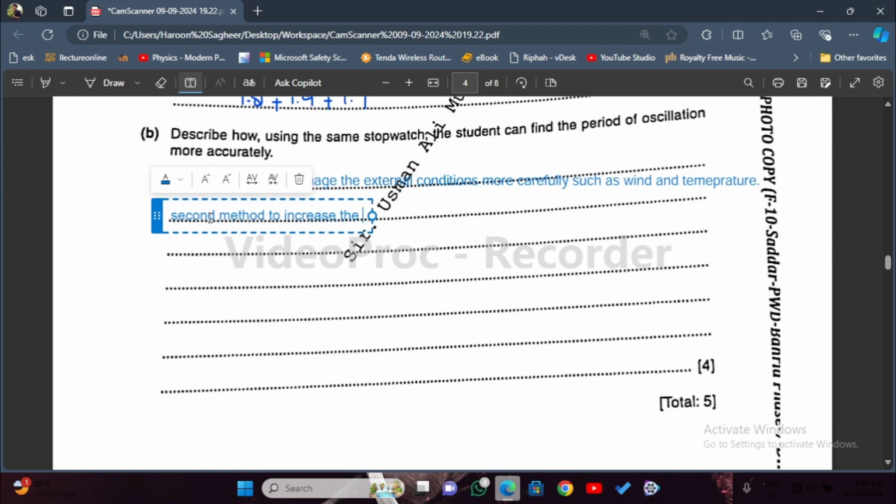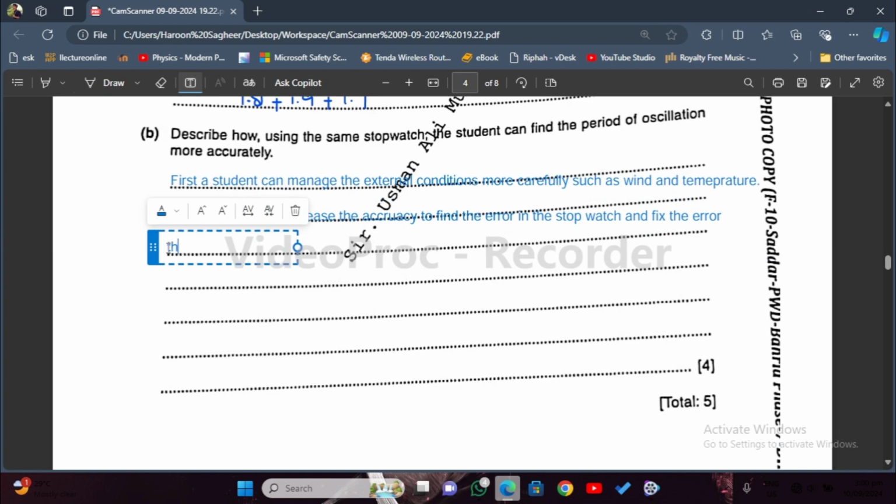Whatever the spellings are, just forget them. Increase the accuracy is to find the error in the stopwatch and fix the error. Okay, now that's the second thing.